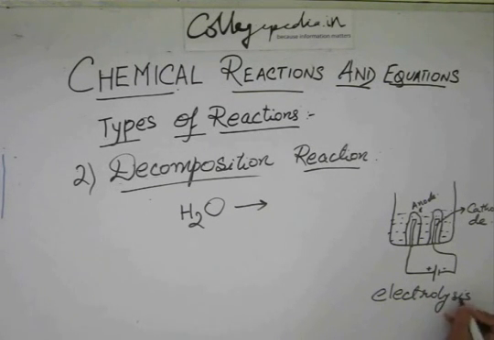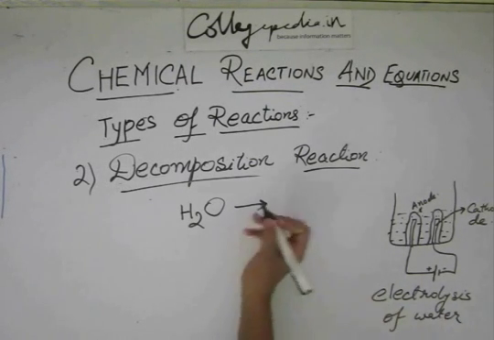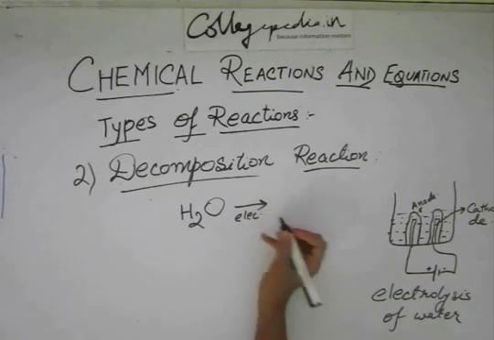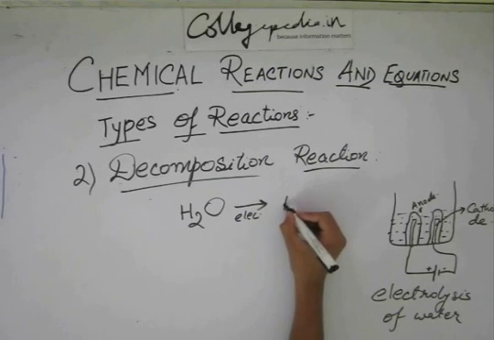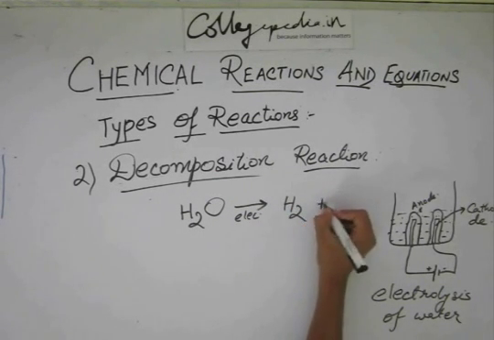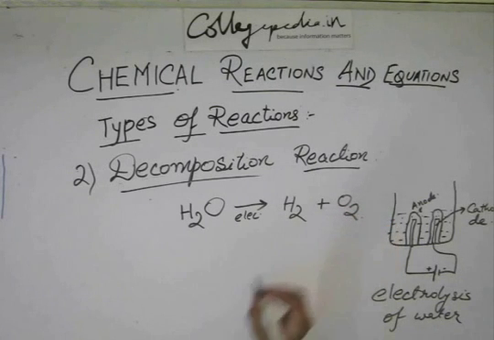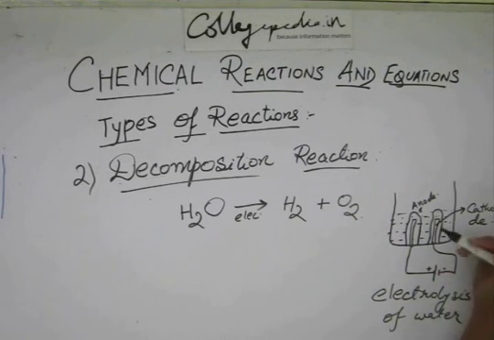When you pass electricity, water will break up into hydrogen gas and oxygen gas. And these gases will displace the water in these test tubes and will collect over these electrodes.